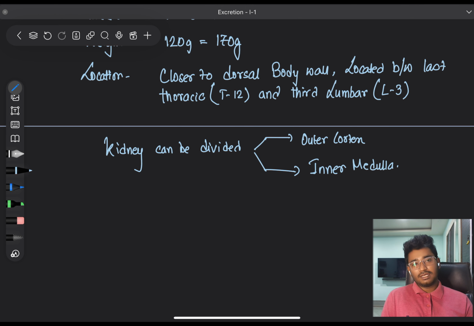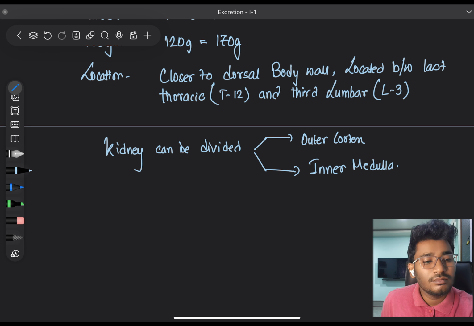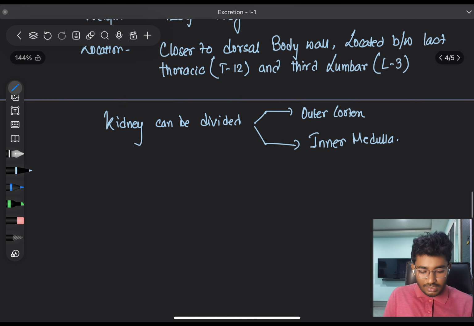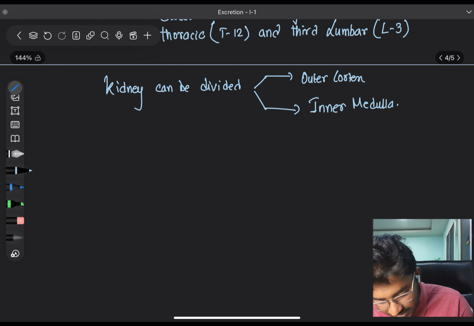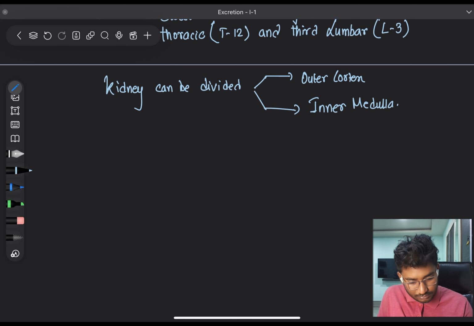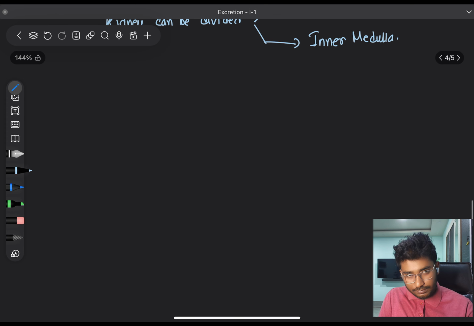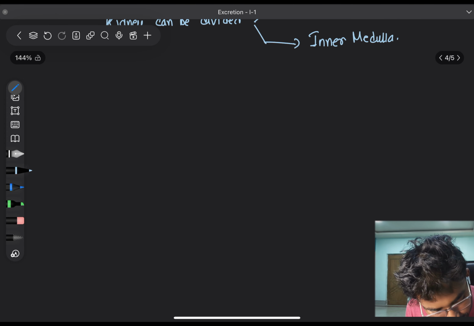Okay, so now we come to the excretory division of the kidney. Done, completed. Now I need to draw a structure.